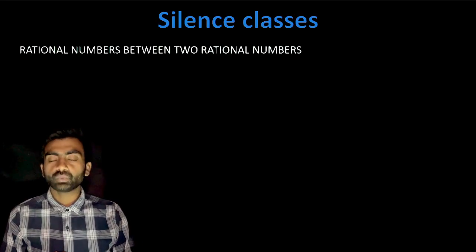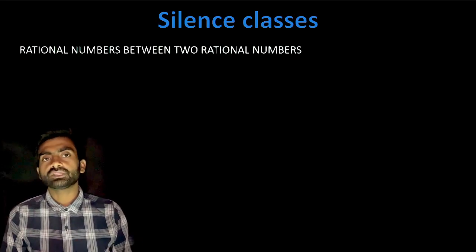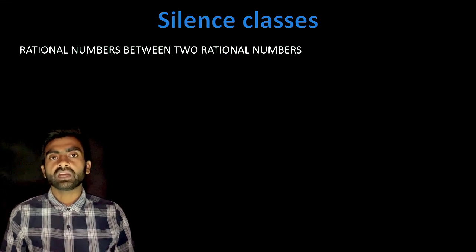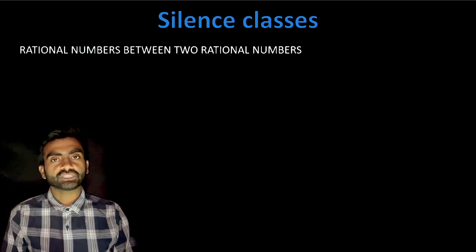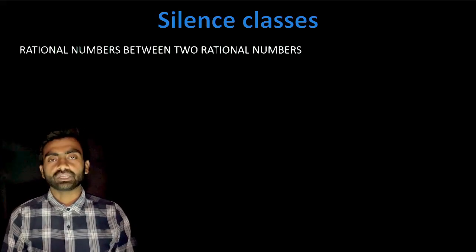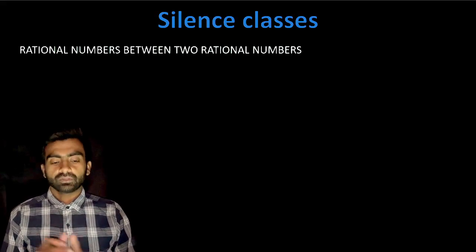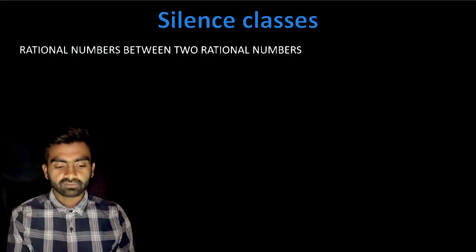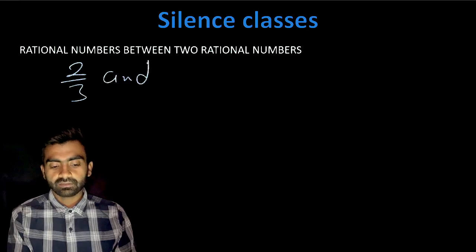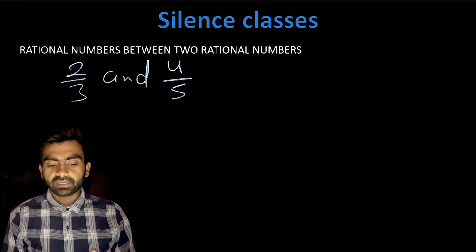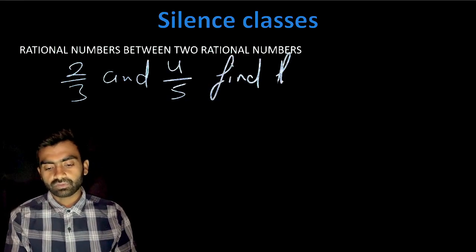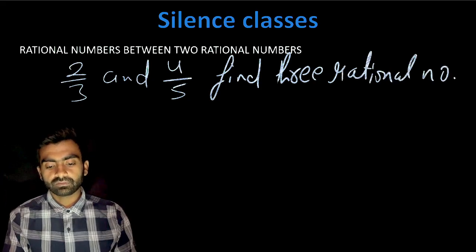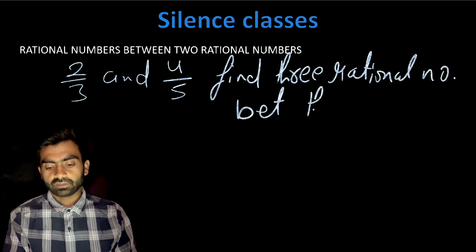Rational numbers between two rational numbers: if two rational numbers are given to us and they ask us to find some more rational numbers between them, so what do we have to do? Let's say 2 upon 3 and 4 upon 5 are given to us, and they are asking to find 3 rational numbers between them.